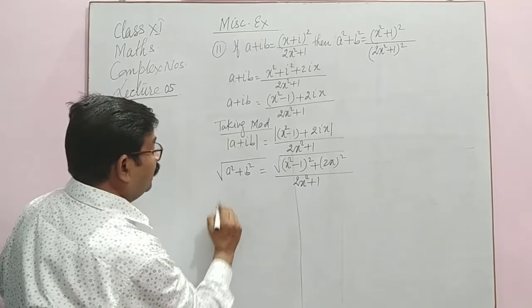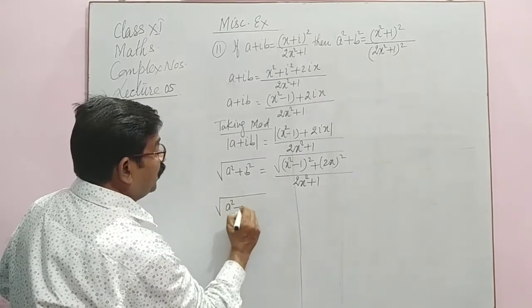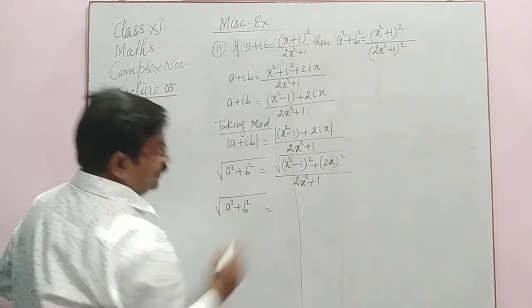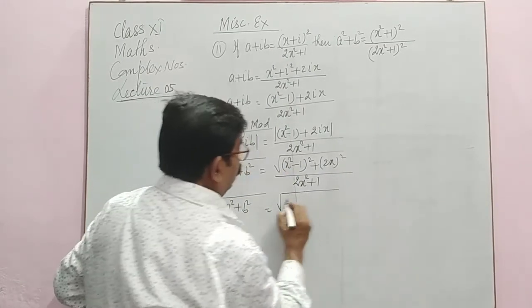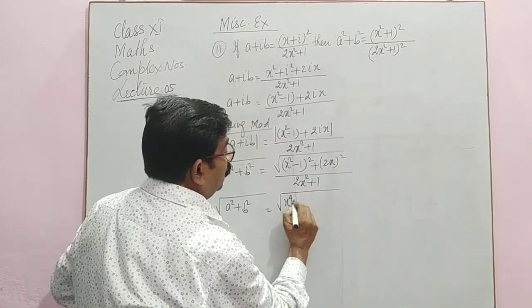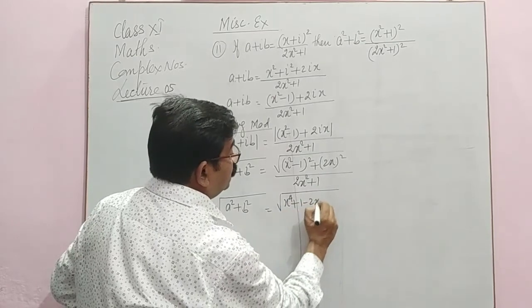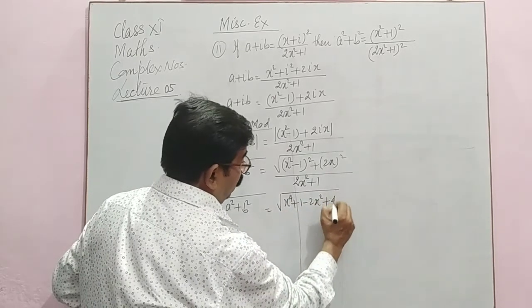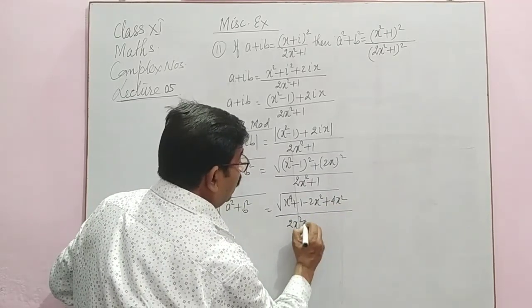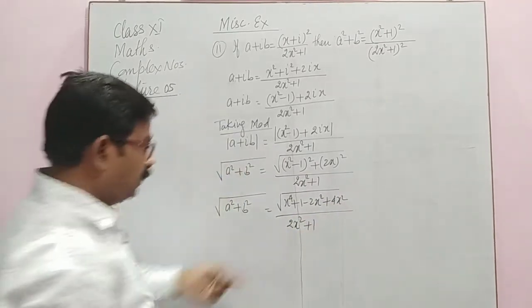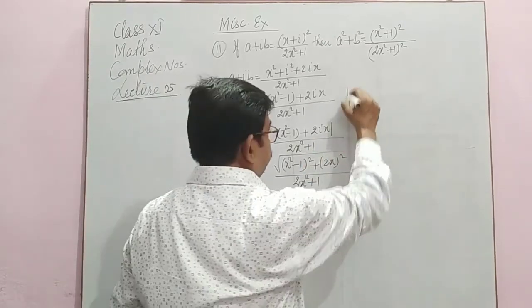So we have under root a² + b² equals, breaking this into a whole square, under root (x⁴ + 1 − 2x² + 4x²) upon (2x² + 1). Simplify one more line.